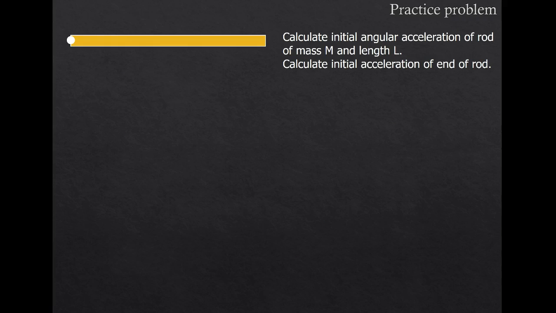So now, let's try to calculate the initial angular acceleration of this rod of mass m and length L, and let's calculate the linear acceleration of the end of the rod. Okay, so first of all, let's draw forces. And really, we only have two forces.